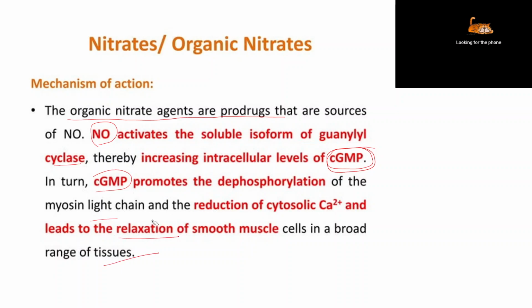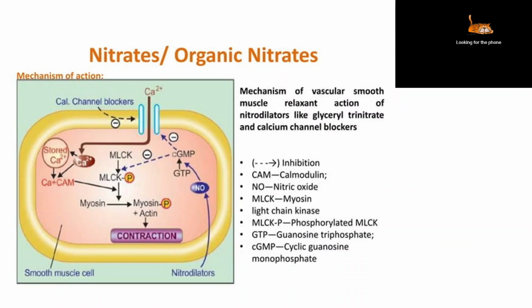Very simple mechanism. Now moving to the next slide. This is how nitrates work. When nitric oxide is released, it starts the formation of cGMP, the secondary messenger, which mainly causes relaxation of vascular smooth muscle. This is the smooth muscle, the tunica media.